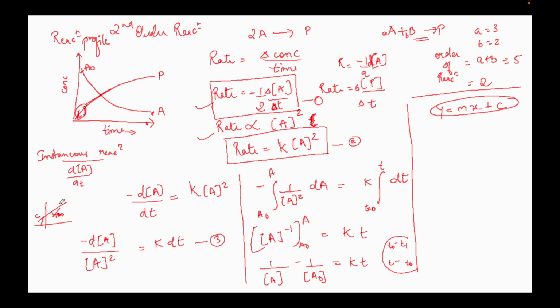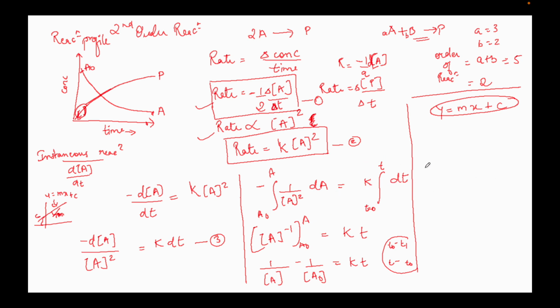So the equation of this line is y is equal to mx plus c, and we have to write this particular equation in the form of y is equal to mx plus c, where m is our slope k.